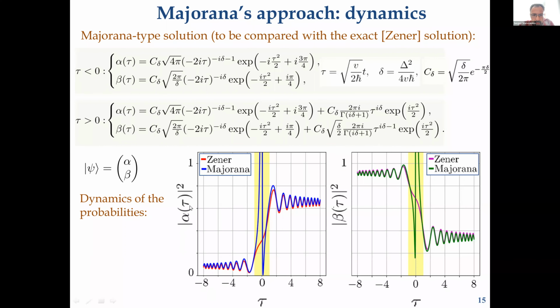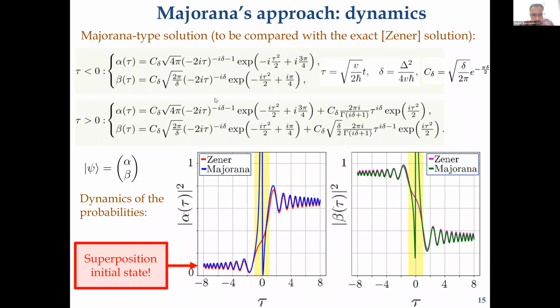This is visualized here, the probability of staying in the ground state as a function of time. We compare the exact solution by Zener in terms of parabolic cylinder functions and Majorana's solution, which you partly can see here.